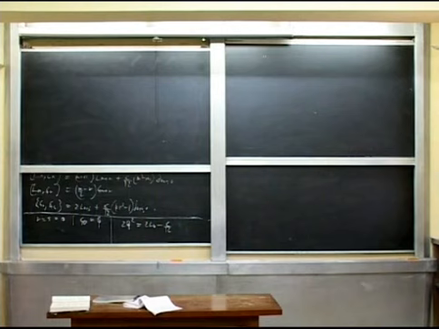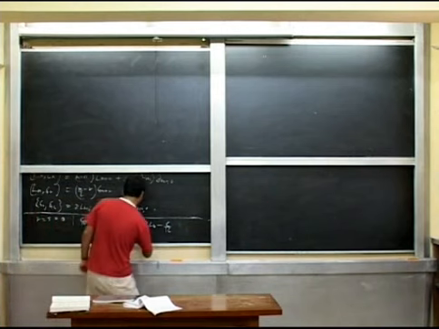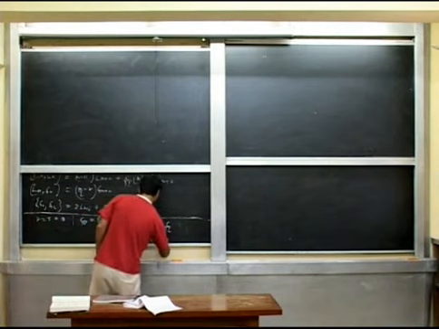So this is equal to 2 times (L_0 minus c/24).